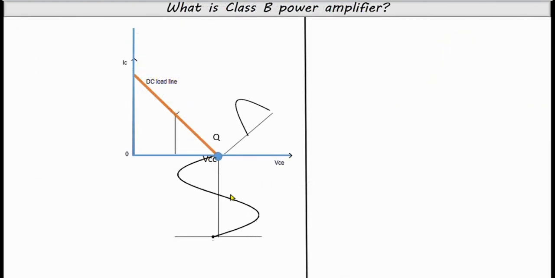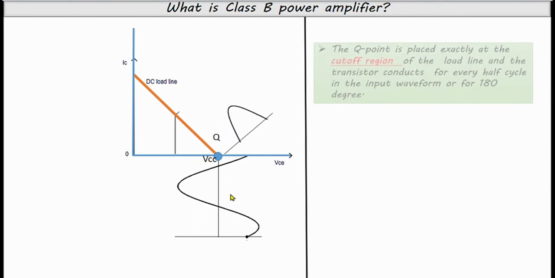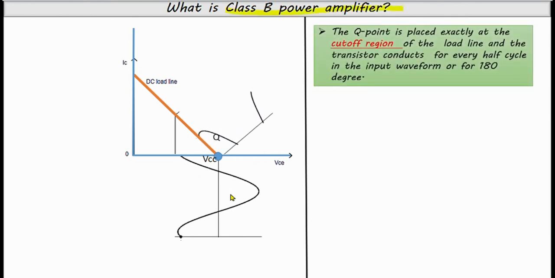The next type of power amplifier is the class B power amplifier. The main difference is that the power transistor works in the cutoff region.